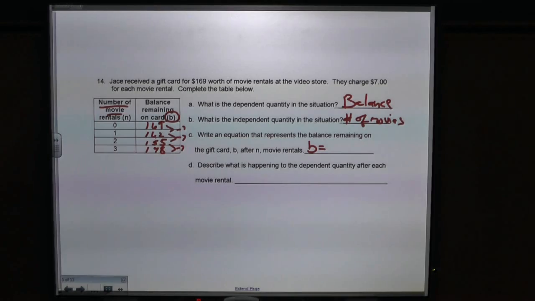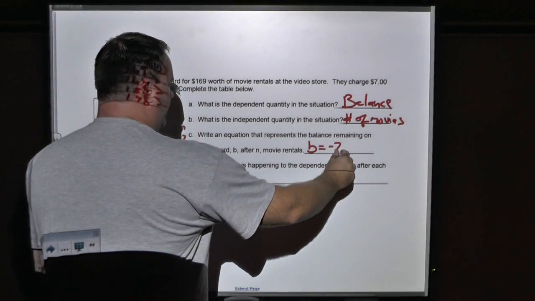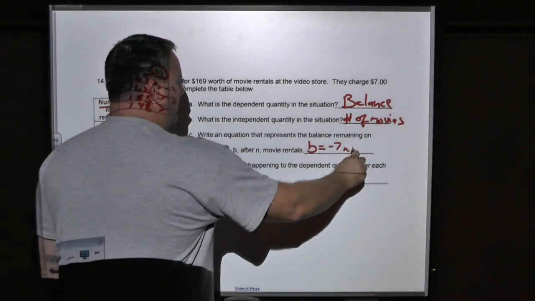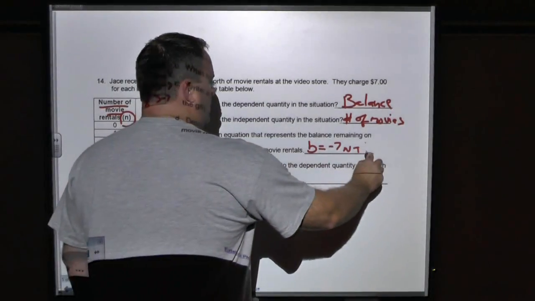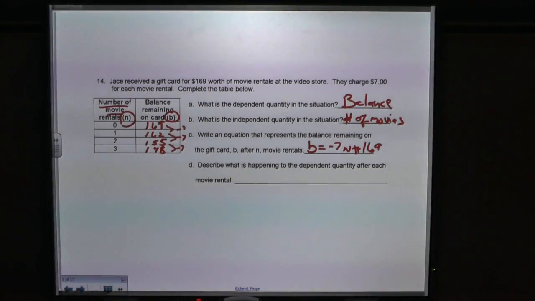So it changes by negative 7. So we're going to take that negative 7 and multiply it by the independent variable, which is n. From there, we need to look to see where we start. We call this our initial value. Your initial value is what you add on to an equation. It's where you start. We started at $169, so that's what you're going to add on. So we end up with B is equal to negative 7n plus 169.